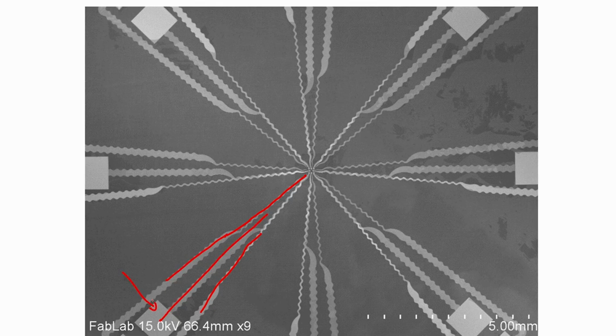This one is for the electrode's contact pad, and this one and this one will be for the piezoresistive sensor. Because there are 8 sensors, we have about 24 pads.